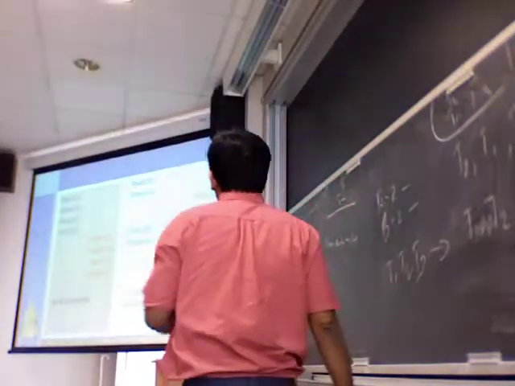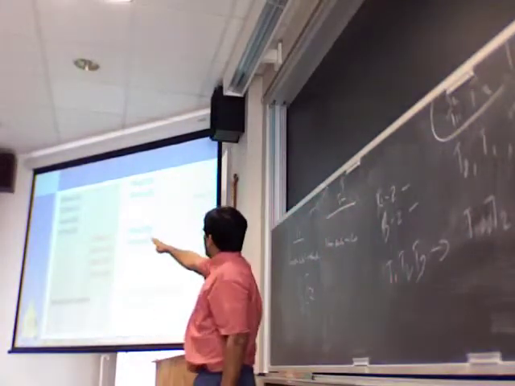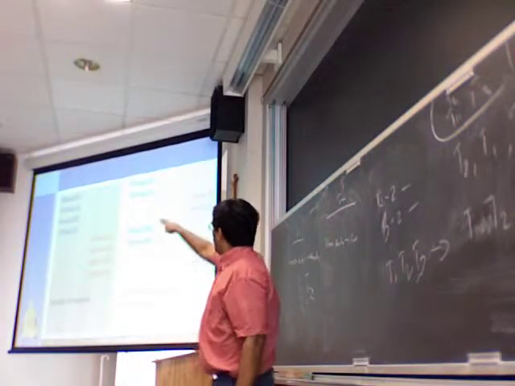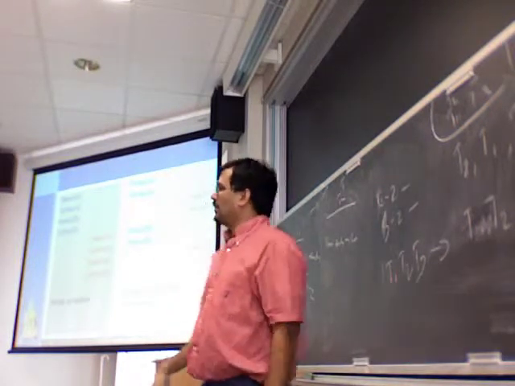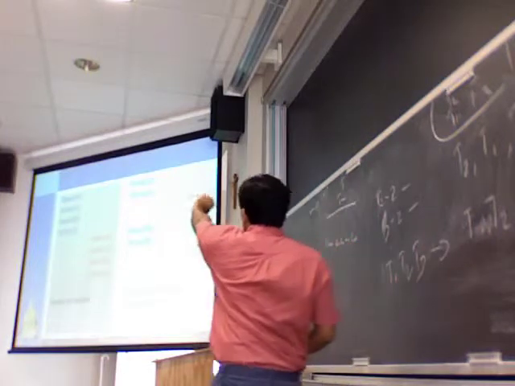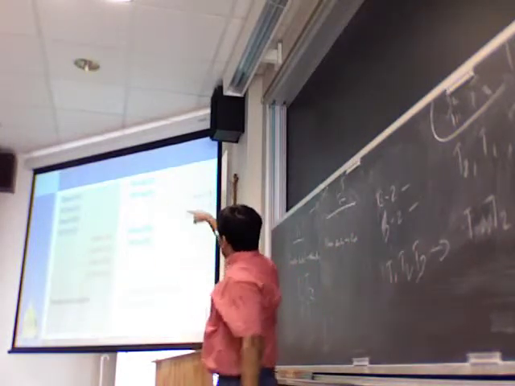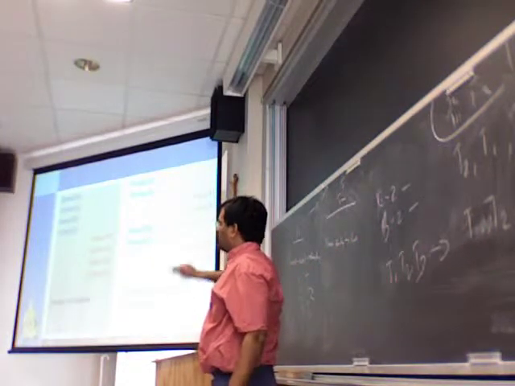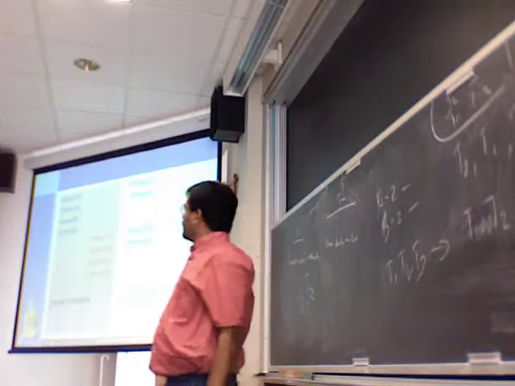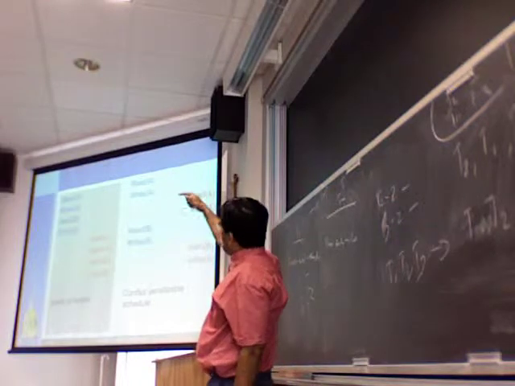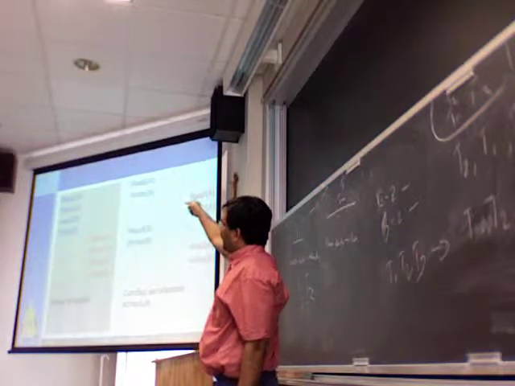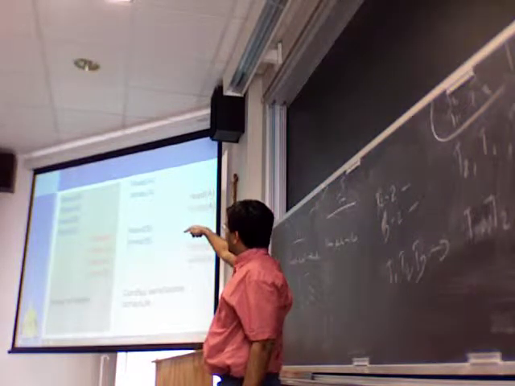Next. Here's an example. There are two transactions, one in blue, one in gold, and there are two different ways of scheduling them: one is the gray bar and one is the white background. The first transaction reads something from variable A, writes something, reads something from variable B, writes something.